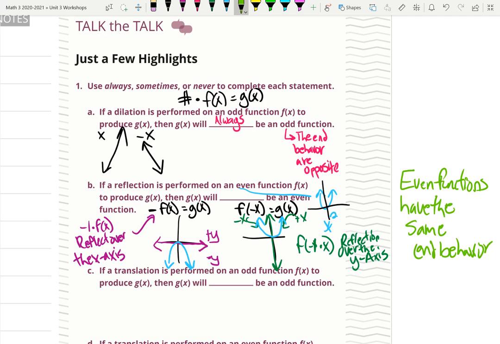Do they have the same end behavior? Yeah. Both reflections will create an even function.